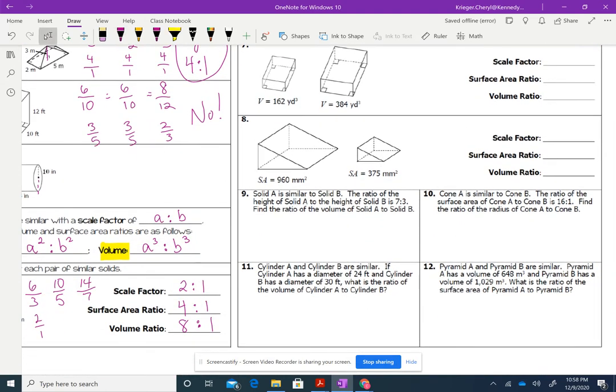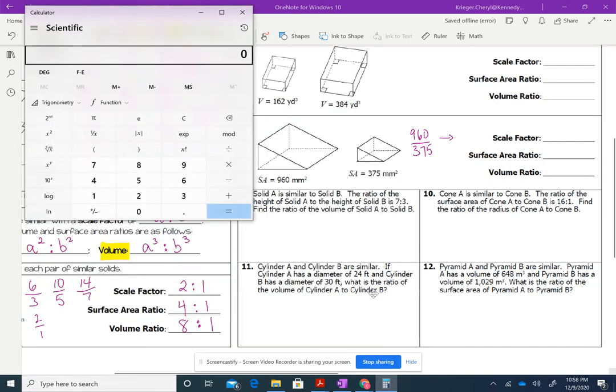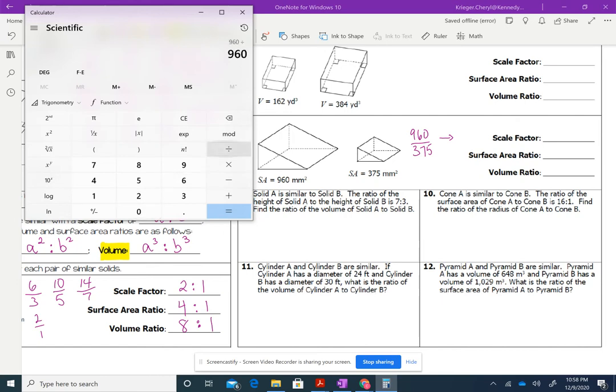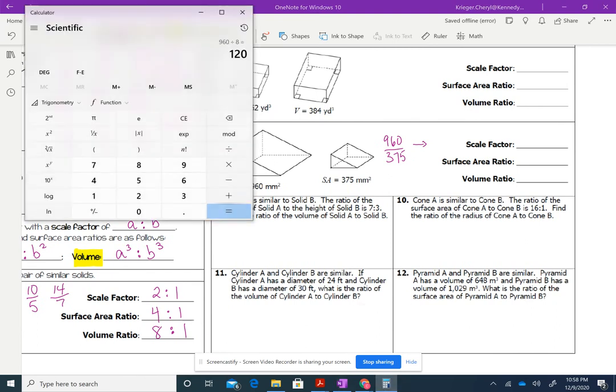So they give us the surface area again. We'll compare these because I have a feeling we're going to have to reduce first. This 960 to 375, those are not perfect squares, so let's just try to reduce it. 960 divided by 8 is 120.